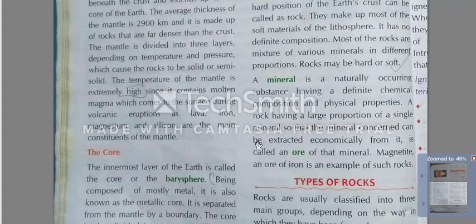A rock having a large proportion of a single mineral so that the mineral concerned can be extracted economically from it. First, I want to tell you that proportion means a ratio, R-A-T-I-O. Ratio means a rock having a large ratio of a single mineral.